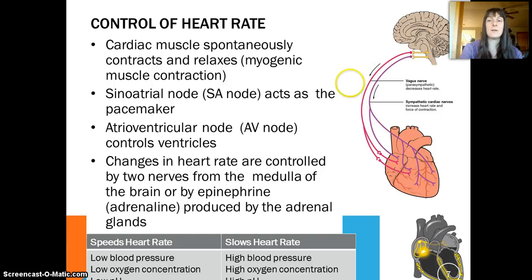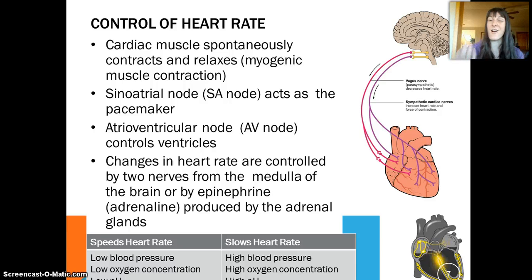And that part of the brain will get signals from the body on what's going on. So it looks for things like low blood pressure. If there's low blood pressure, that's a signal to the medulla to increase heart rate. If there's low oxygen concentration in the blood, that's a signal to the medulla to increase heart rate. Or if there's low pH. So pH, how acid or base something is, if there's low pH, that means it's very acidic.